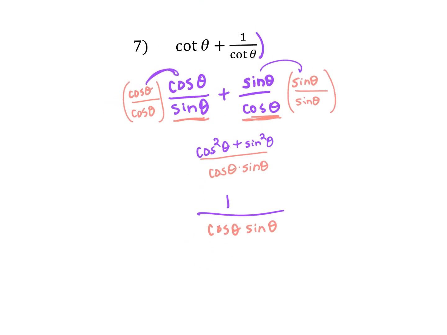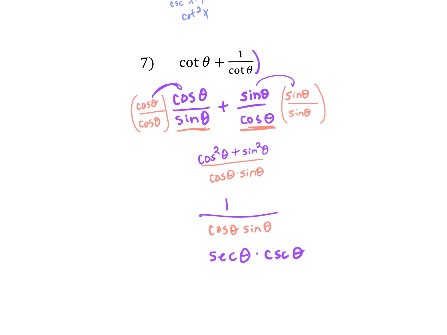And we don't want fractions, remember, so we need to think of how we can rewrite 1 over cosine. Yep, that is secant theta, good. And what about 1 over sine? That's cosecant theta. So there we go, secant theta times cosecant theta.